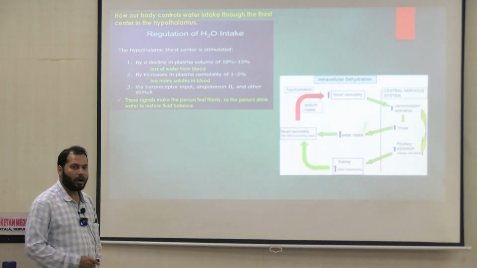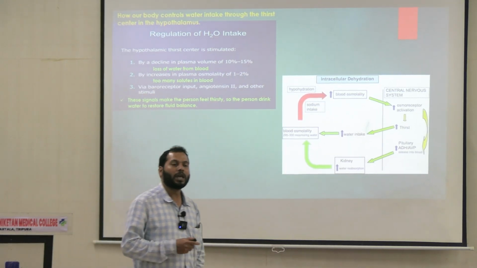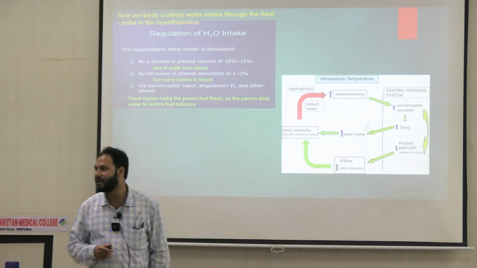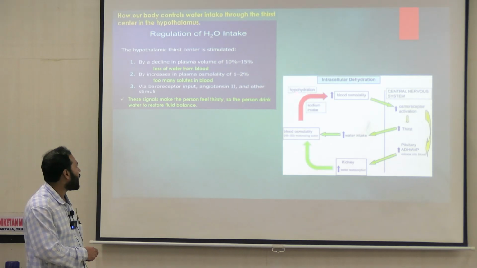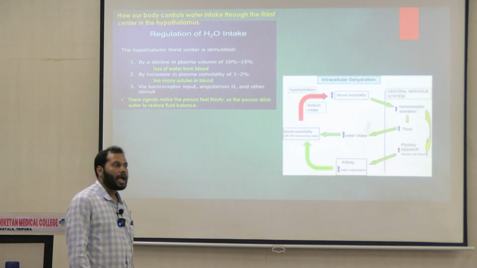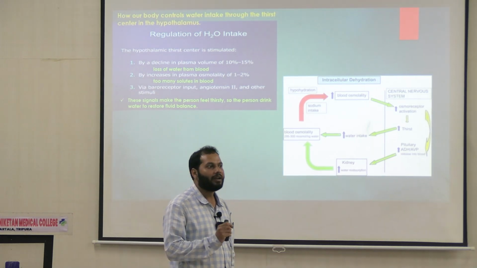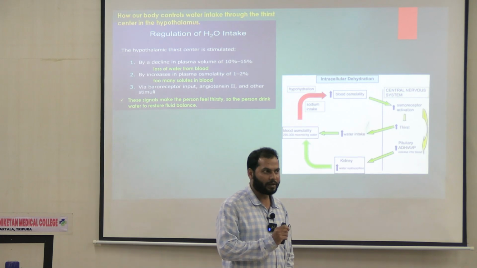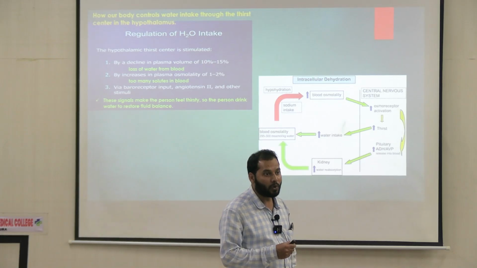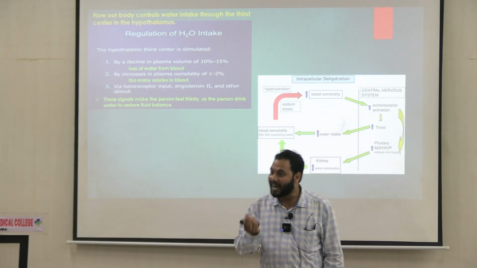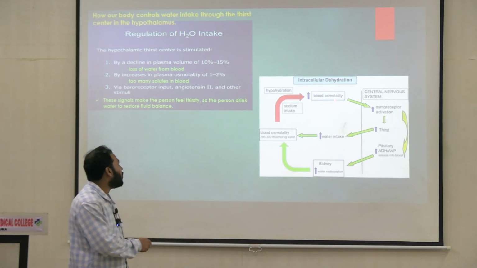Other than this, there are some other pathways that also activate the hypothalamic thirst center for the regulation of water intake. You can see from this diagram, there is a condition called hypohydration. In hypohydration, the water level in cells is less than optimum. So it means the solute concentration is more, and there is a change in the blood osmolarity.